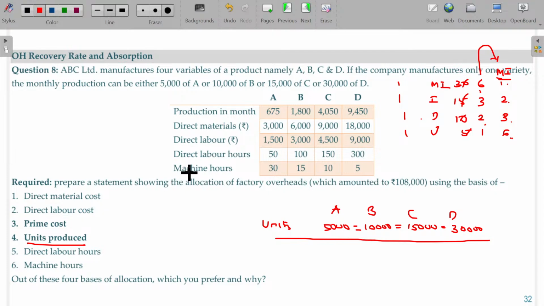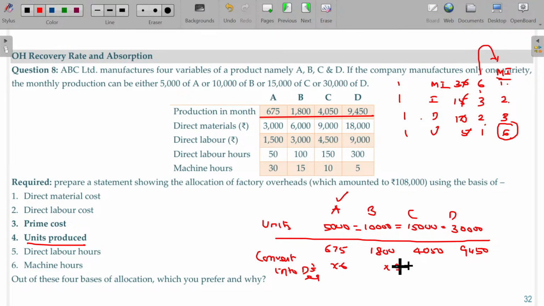Currently, how many units are produced? 675, 1,800, 4,050, and 9,450. A requires more material, 6 times. I am converting everything into D equivalent.